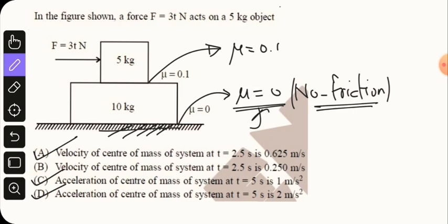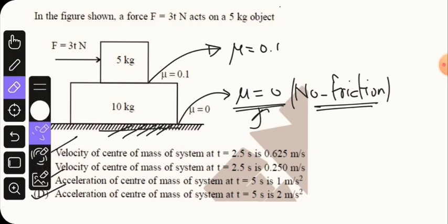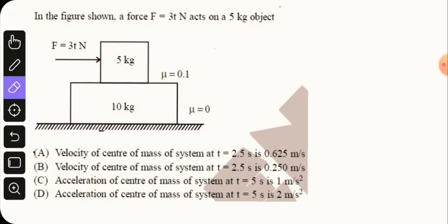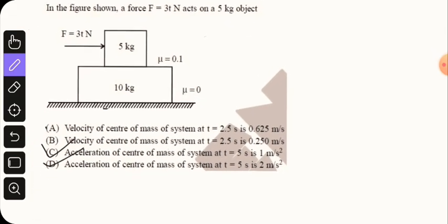Okay, so before jumping on to the velocity, let us see the acceleration of the center of mass.